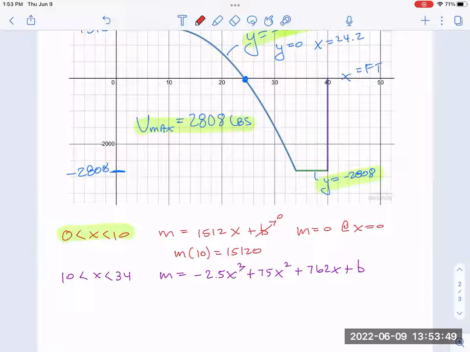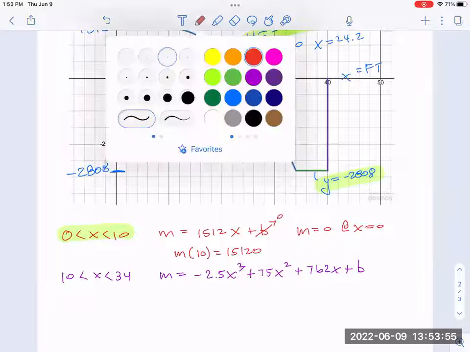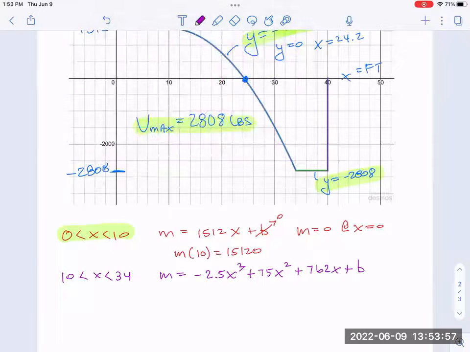That's where 0 to 10 left off, and therefore the moment has to start at the same location. So down where we are, when x equals 10, the moment has to be 15,120. Yeah, that's exactly right. It's like, where did it leave off?